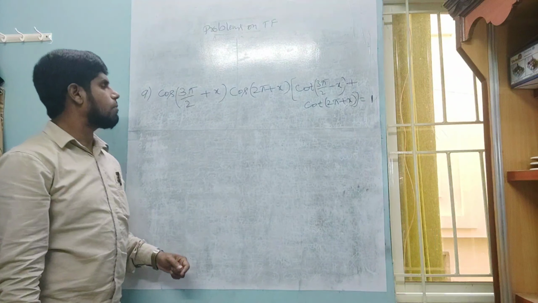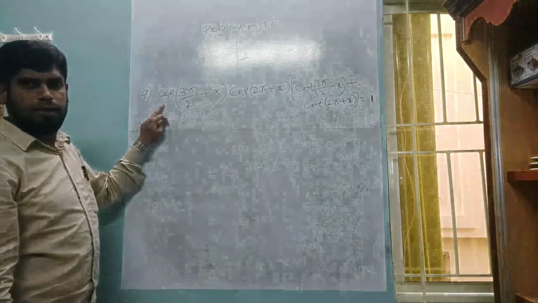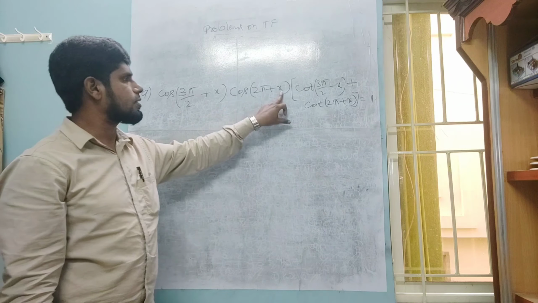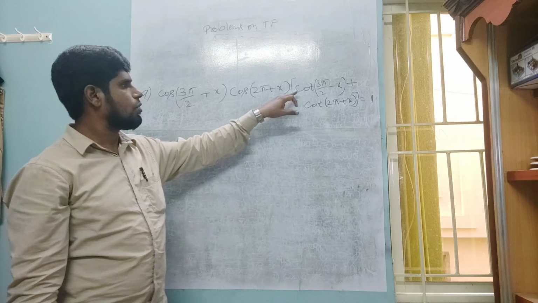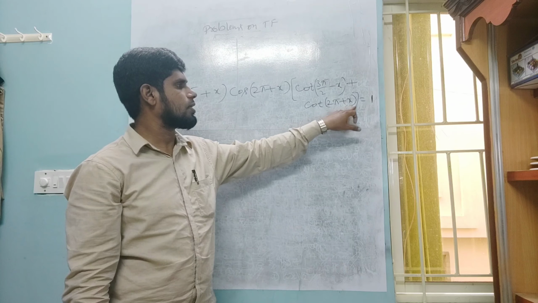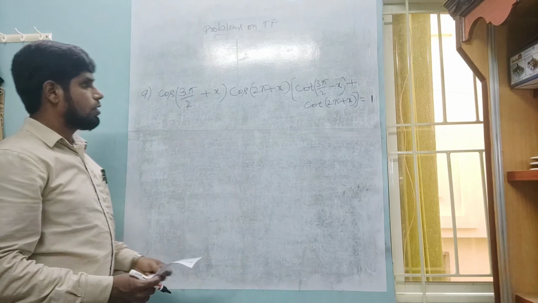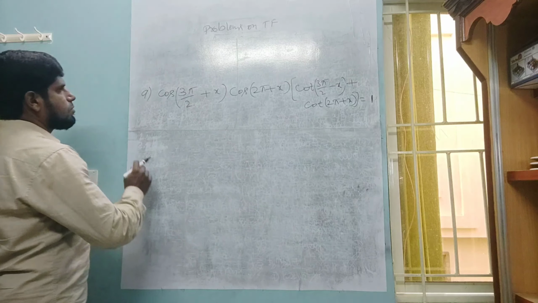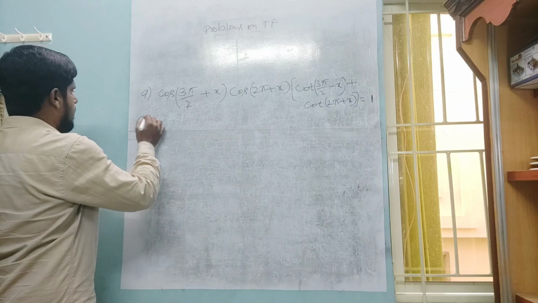So, very simple problem. We should prove that cos(3π/2 + x) into cos(2π + x), multiplied with cot(3π/2 − x) plus cot(2π + x), is equal to 1. So let me take the LHS.